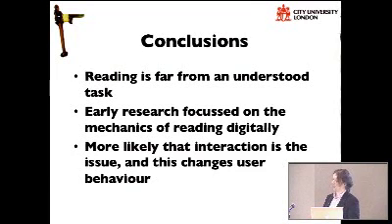And I think genre is also about the form of interaction between the user and the text because of their task, and it also is partly about the user's understanding of what a text might afford them. And I don't think these methods cover all that ground yet. So where does that leave us? Reading's clearly a far from understood task. I'm certainly confused about it.